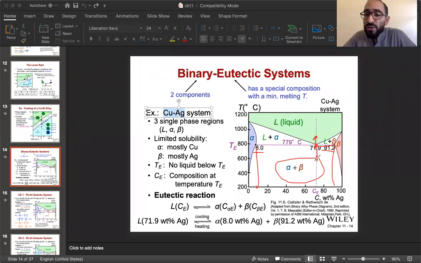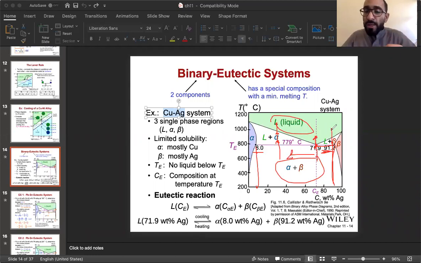However, if you have a different composition, in this range between 8 and 71.9, the solid first partially melts, and then you need to apply higher temperature to completely melt the solid. Similarly here, part of the solid will melt, and then you need higher temperature before you can completely melt the solid.